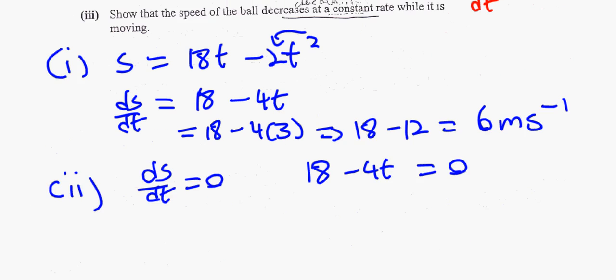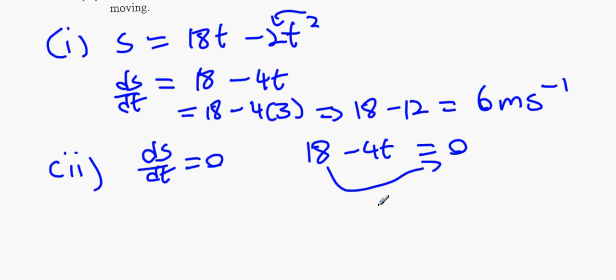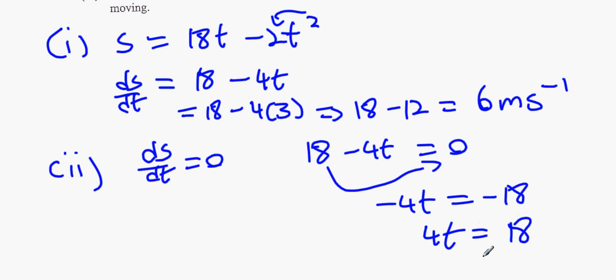You could bring the 18 over the other side and you get minus 4t equals minus 18. Same thing as 4t equals 18 when you change the signs on both sides. Divide 18 by 4. So t equals 18 divided by 4. And what we should get there is 4.5 seconds.